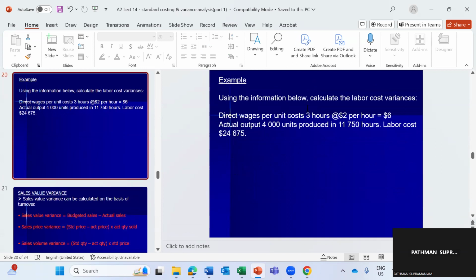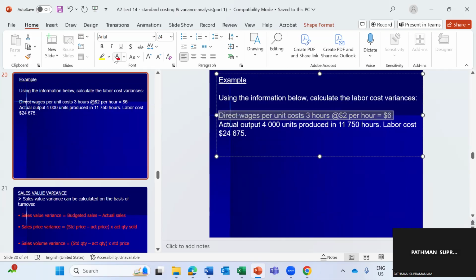To calculate labor variances: using the information below, calculate the labor cost variances. You have direct wages per unit cost $3 and $2 per hour. This line tells you the standard, what it was supposed to be, because they didn't use the word actual there. And then in the next line, you see the word actual.